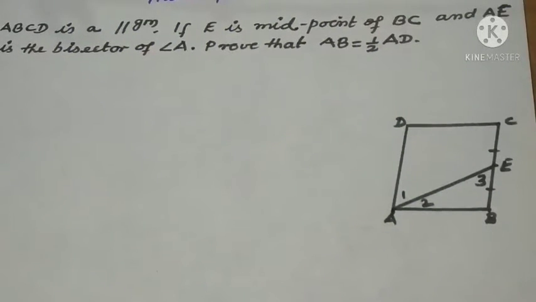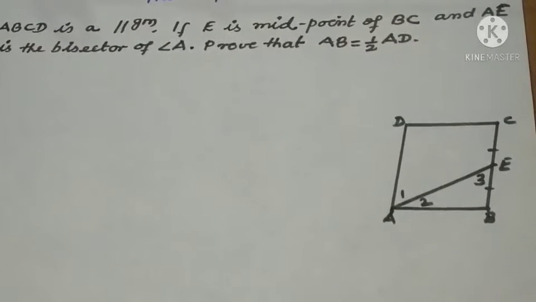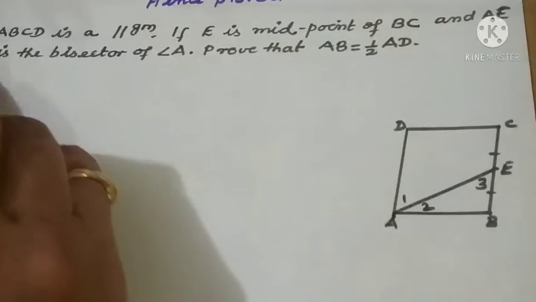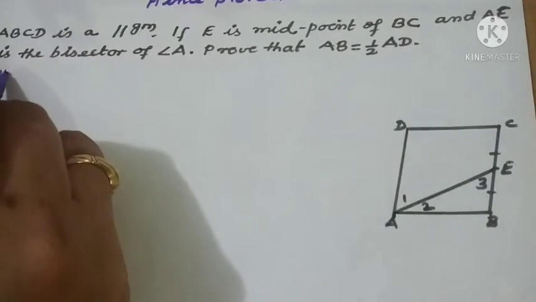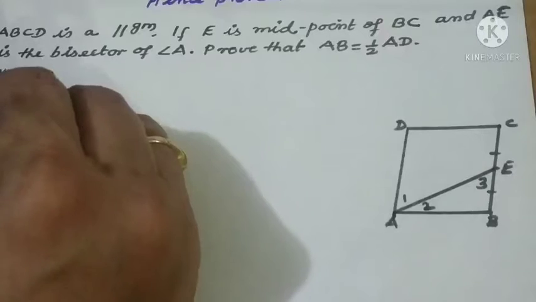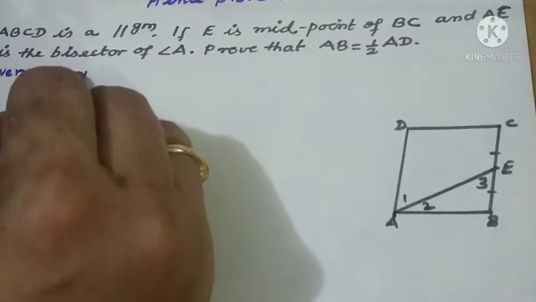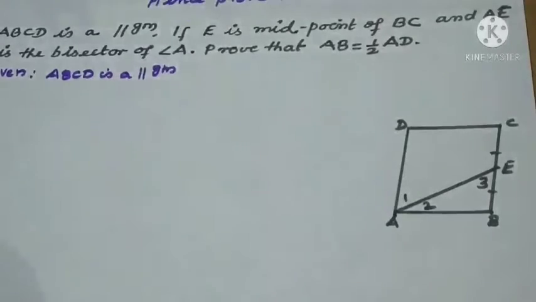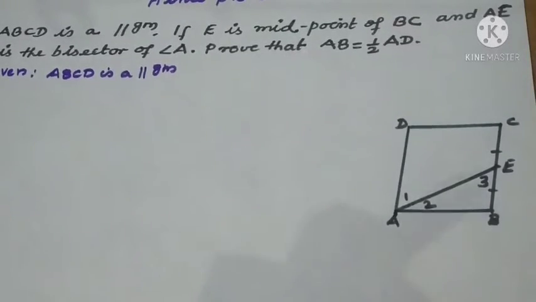ABCD is a parallelogram. E is the midpoint of BC. AE is the bisector of angle A. Prove that AB equal to half AD. So what is given? ABCD is a parallelogram. E is the midpoint of BC.